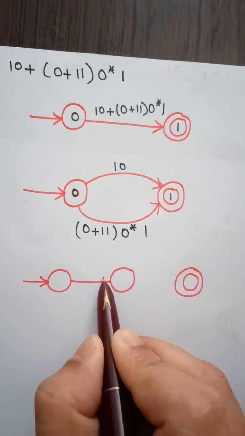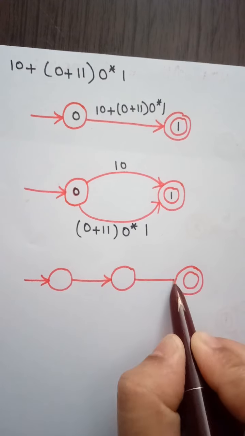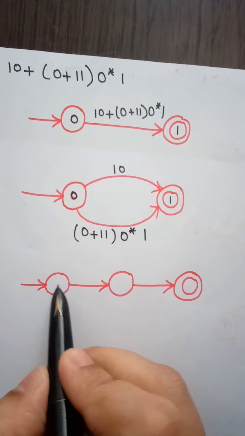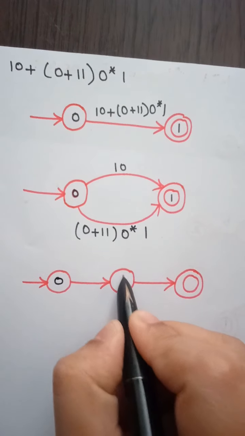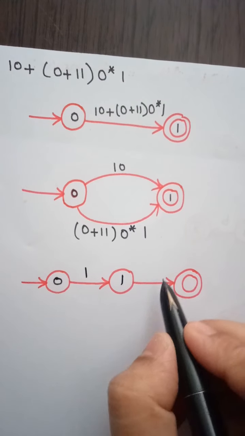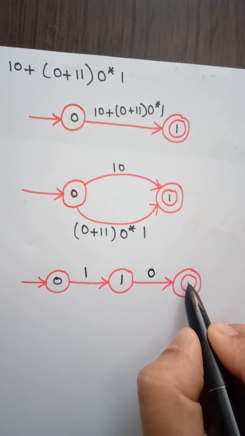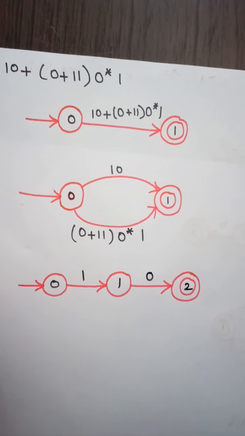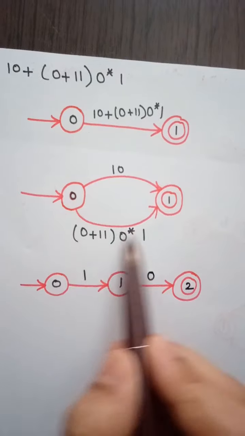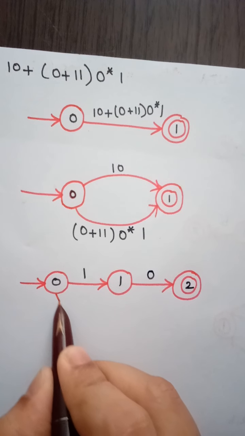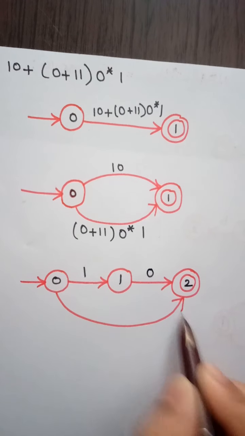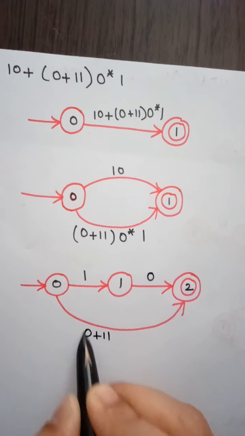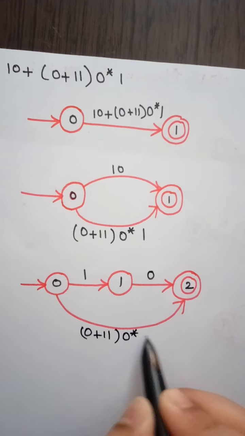One transition is for input symbol 1, and the next transition is for input symbol 0. Let this be 2. After that, we again have one more thing, which is actually happening here: (0 + 1 1), 0 closure 1.